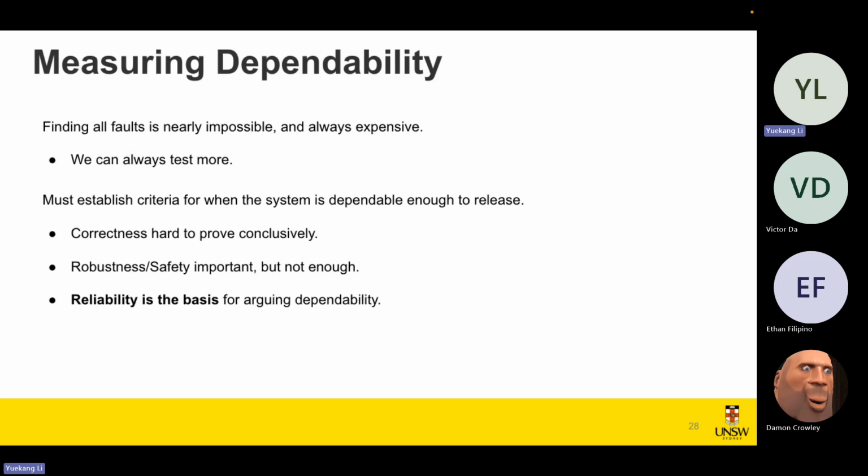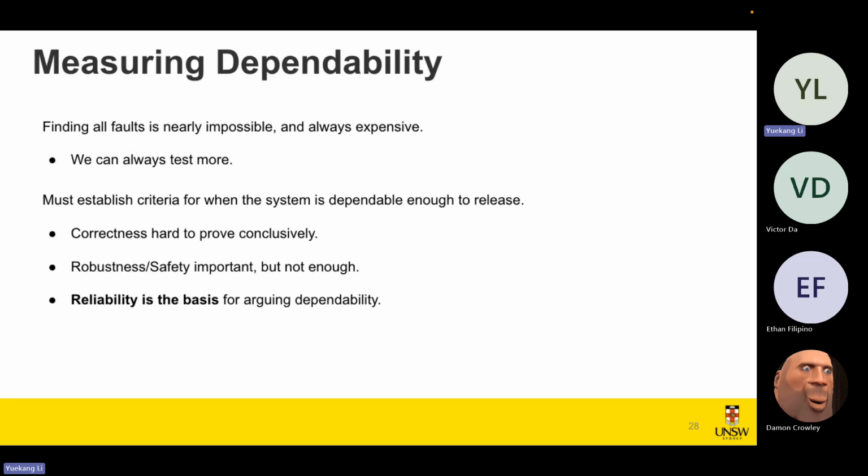So we only have one choice left, and that is reliability. Because dependability involves these four properties, we can use reliability to roughly help us measure dependability.